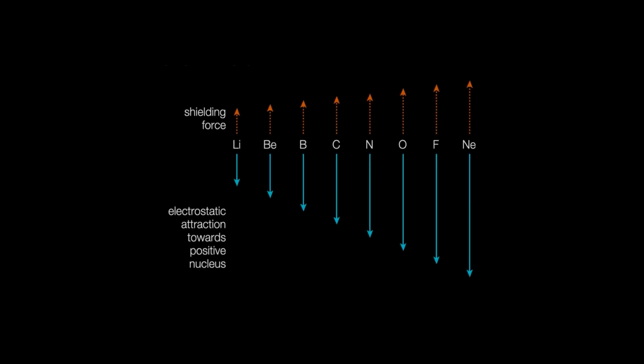This diagram that I've given in the notes is similar to that. Across period 2, going from lithium to beryllium to neon, you are going from 3 plus all the way to 10 plus. So your nuclear charge is increasing. But the shielding is not really constant. It's slightly increasing, if you notice.